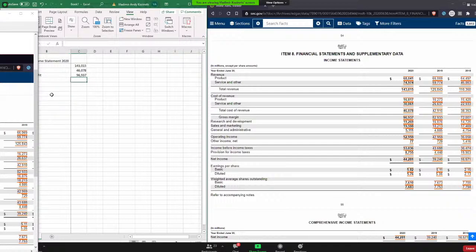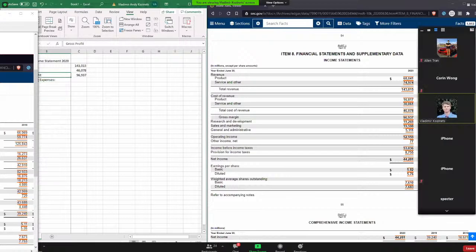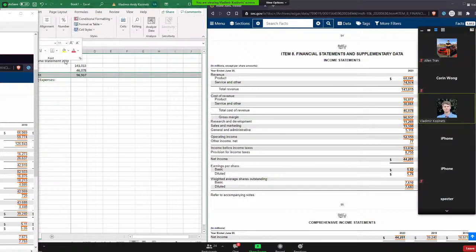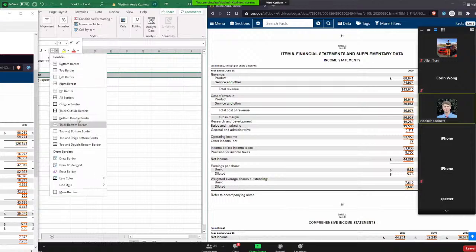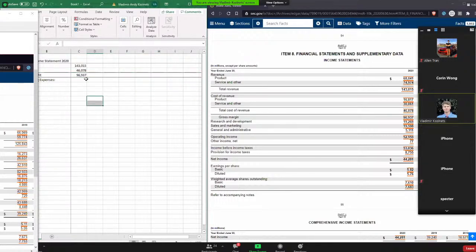We could also do real quickly just a header over here, operating expenses. Let me put some borders on here so it matches the statement.